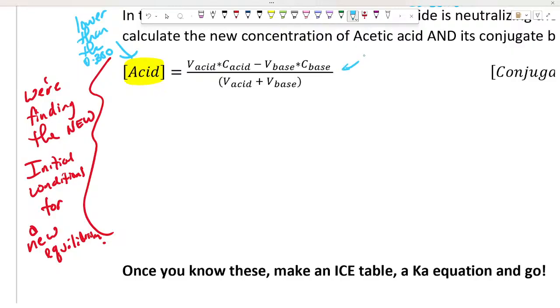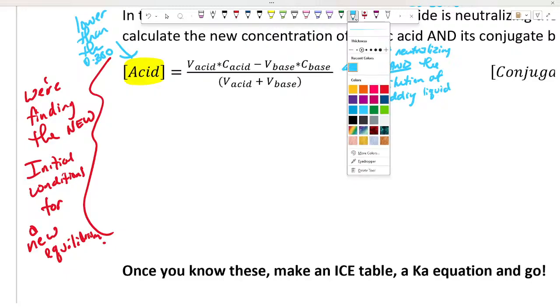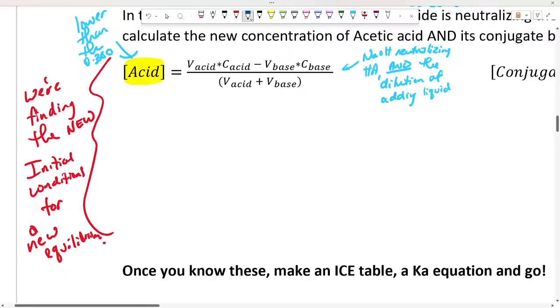This is NaOH neutralizing the HA, and the dilution of adding liquid. You don't have to write this if you don't want to, but it'll maybe help you look back and see what's there. If you're going to write it, maybe it would help if I wrote it in letters that were distinguishable as letters.